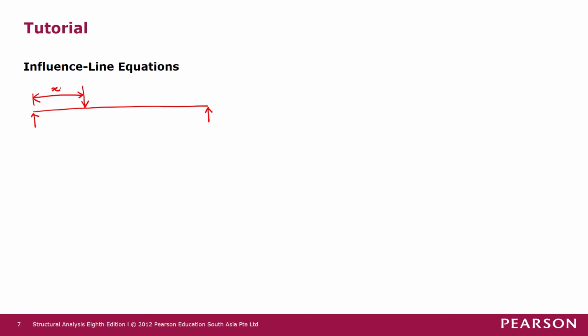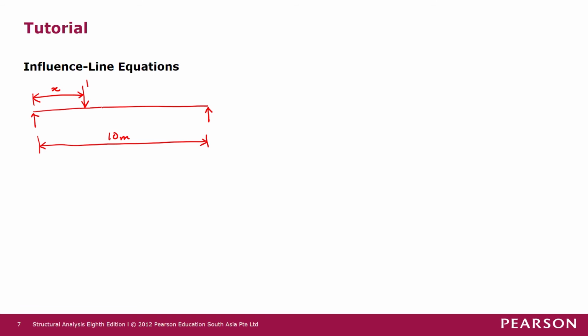So this is x, this is 1 unit force, and then the span of the beam is 10 meter. Now our point C is 3 meters away. So the influence line for 0 to 3 meter and from 3 meter to 10 meters are of different functions or different equations.